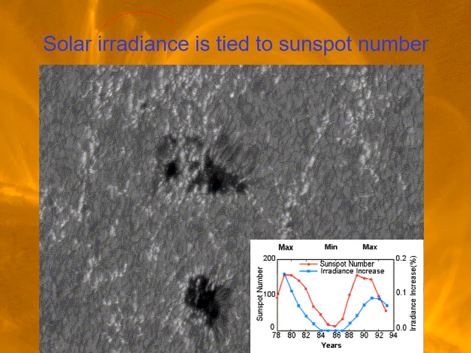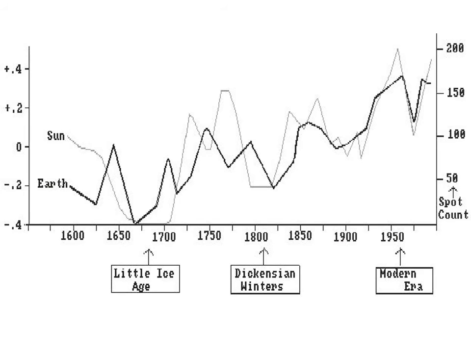Irradiance is the total energy output of the sun, and they compared that to the number of sunspots. And the graph in the lower right here indicates that when there's fewer sunspots, the sun actually radiates less energy, so it's cooler then. Now that's interesting because you remember the Maunder minimum.